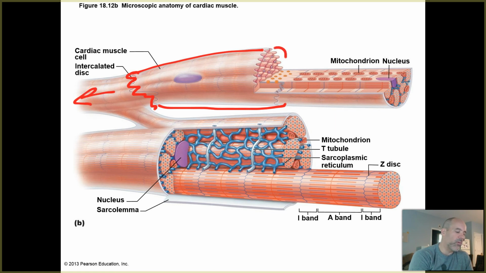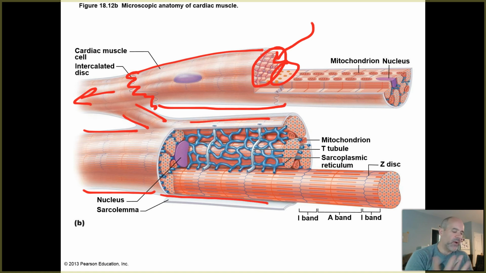And here, this has been cut open so we can see the border between one cell and another. We've got some gap junctions. You would have some desmosomes in there helping to hold that cardiac muscle fiber to the one next to it. And then here's one of those branches that is extending to yet another cardiac muscle fiber over here. And they're cutting this open.